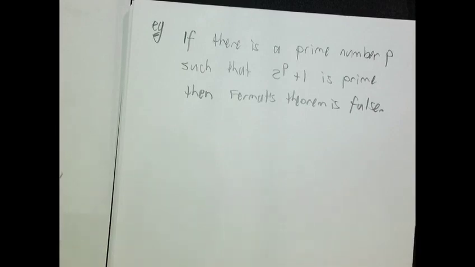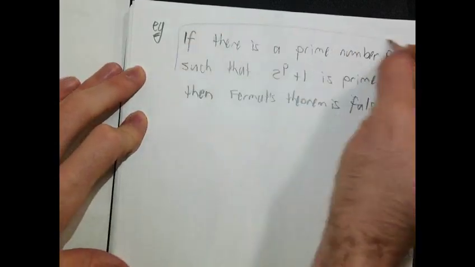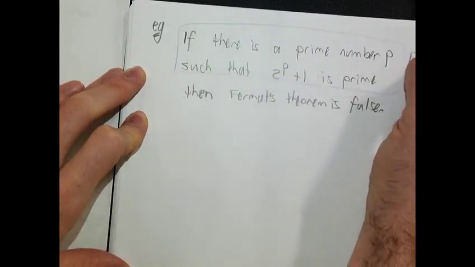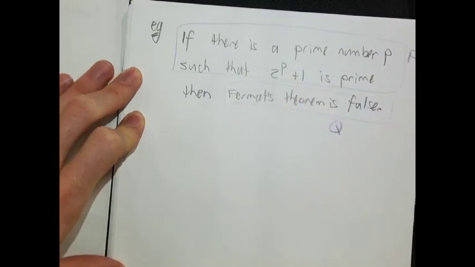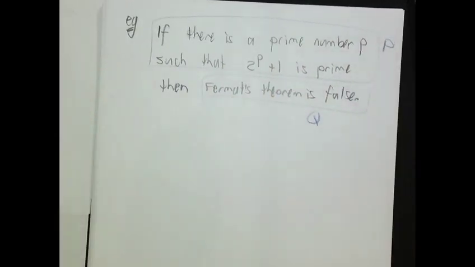That's a really complex statement. Okay? And it has two pieces. All of this is my p, and this is my q, and this is p implies q. There is a prime number p such that 2 to the p plus 1 is prime. That's my capital P. And Fermat's theorem is false.